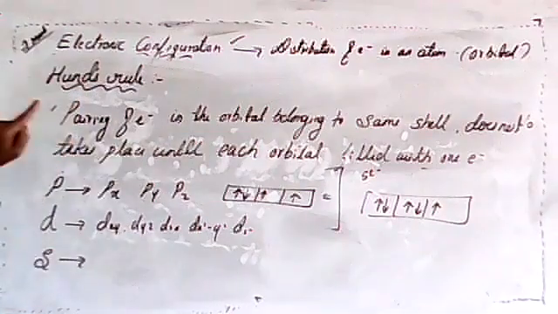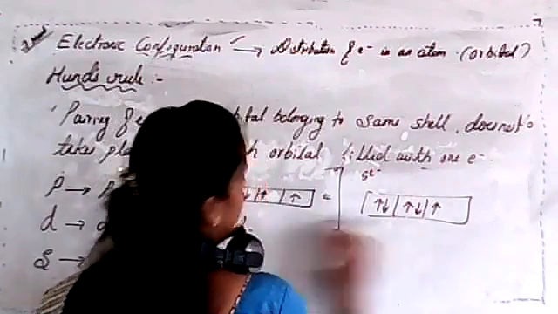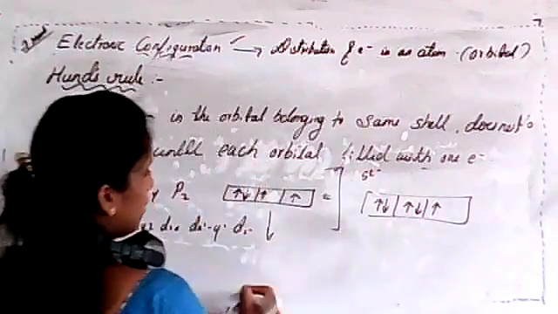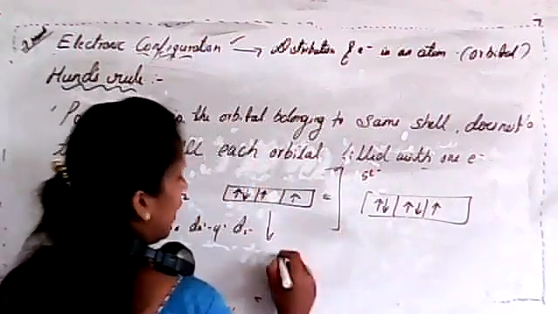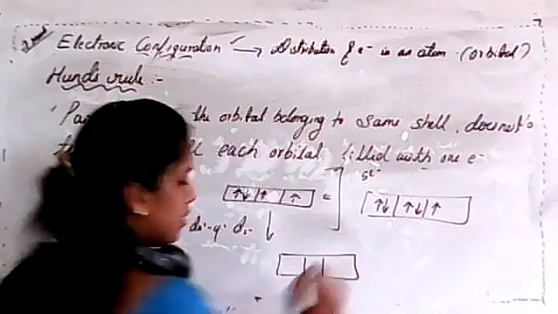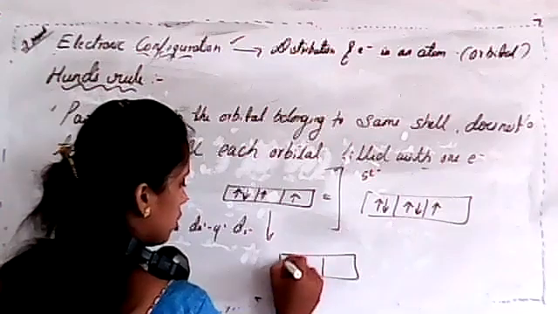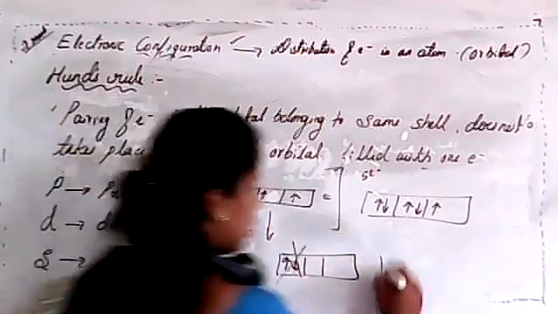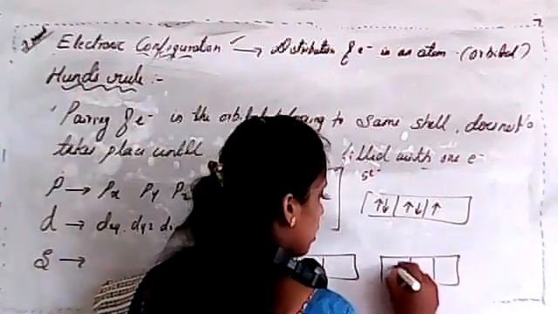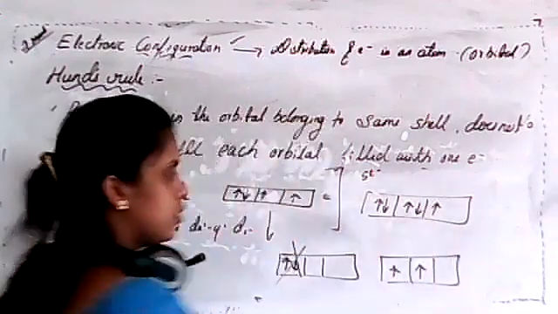According to Hund's rule, if I want to write only 2 electrons in this shell, this method is wrong. You have to fill like this. This is the right manner to write it.